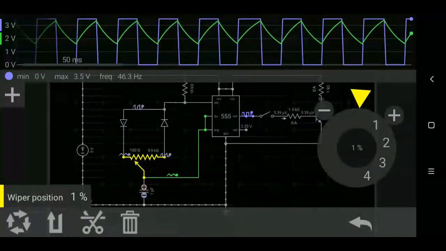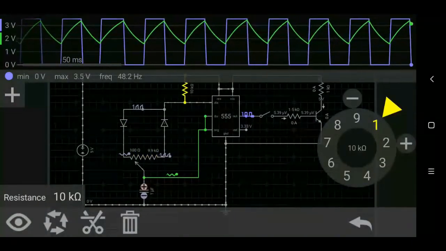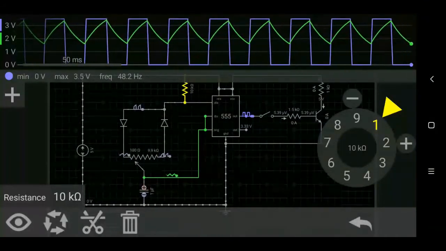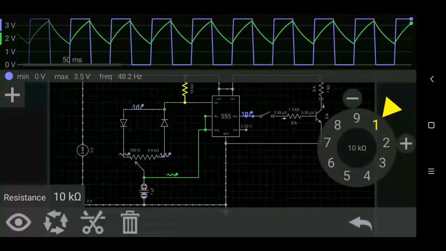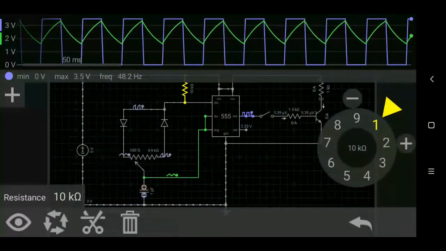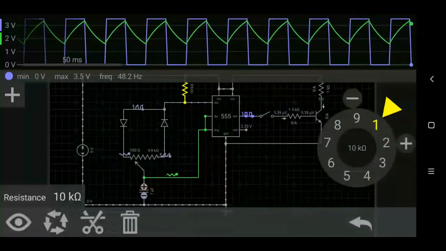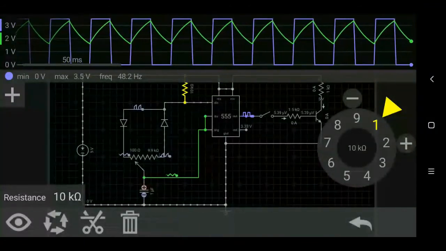We cannot get higher than 50%. That is due to this 10k resistor, because the charging has to be through this 10k resistor and this 1 microfarad capacitor. This 10k resistor also fixes the frequency to 50 Hertz. So we cannot change this 10k resistor.